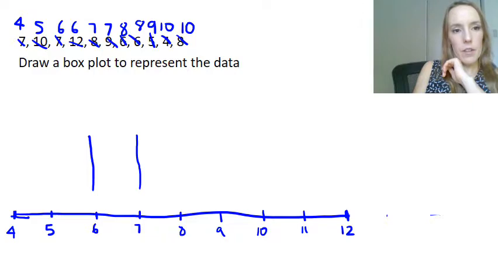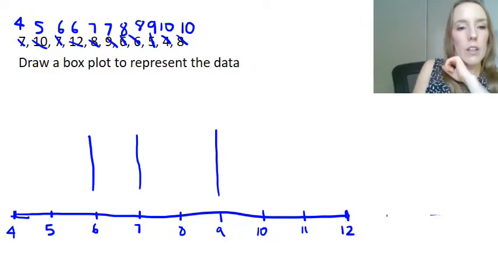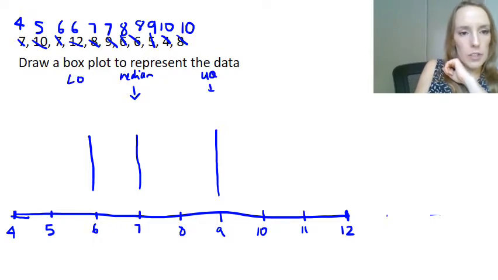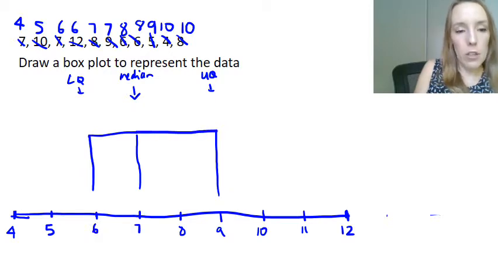Yep, 9. So we've got our median, which is here, our upper quartile, which is this one, and our lower quartile, which is this one. Then we're just going to join that together to get our box.